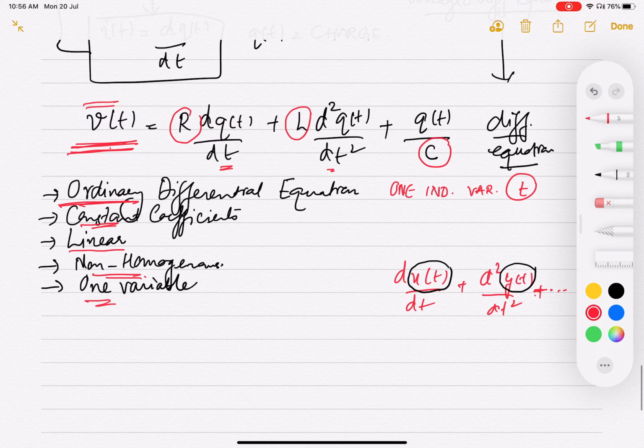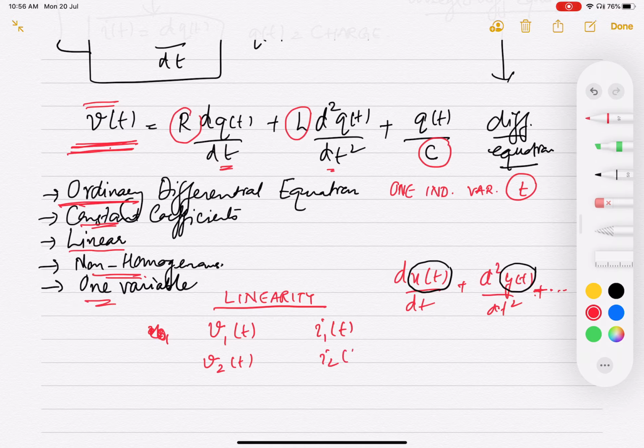if the response to input v1(t) is i1(t), this is the definition of linearity, and the response to v2(t) is i2(t), then the response to the sum of the two, v1(t) plus v2(t), would be i1(t) plus i2(t).